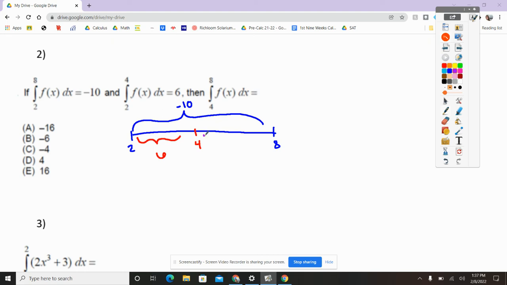So our whole goal here is to find from 4 to 8. Well, we know the entire thing has to be equal to negative 10, so I need to think negative 10 equals 6 plus something. So if I were to solve this, you could also just do this in your head. You would know that negative 16 has to be here because negative 16 plus 6 equals negative 10.